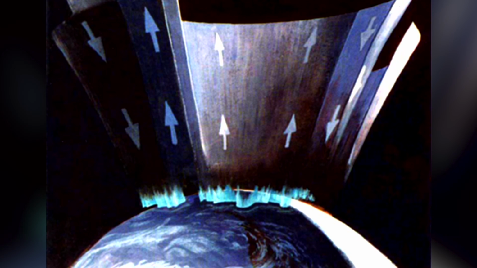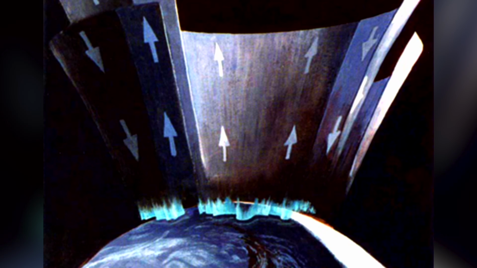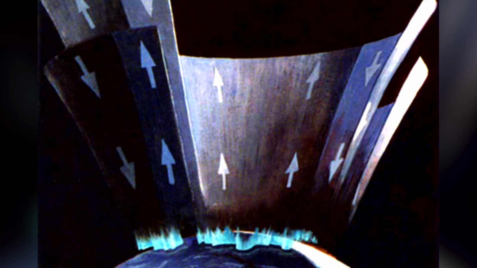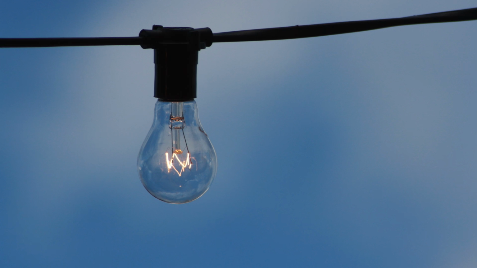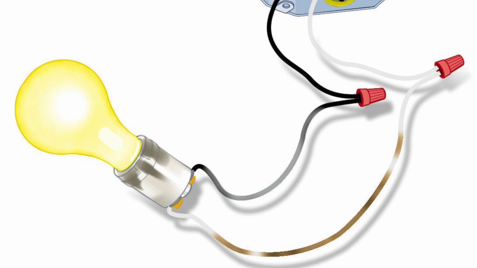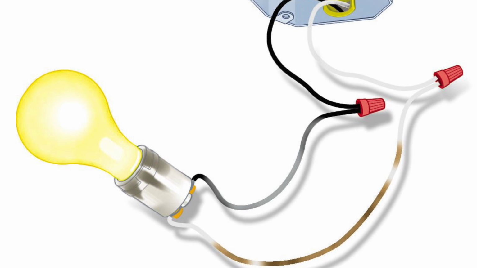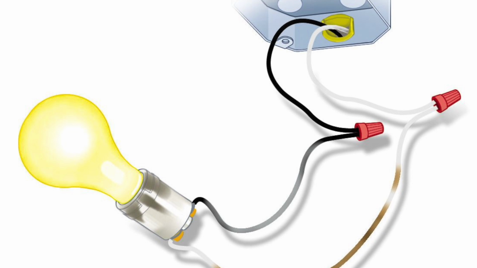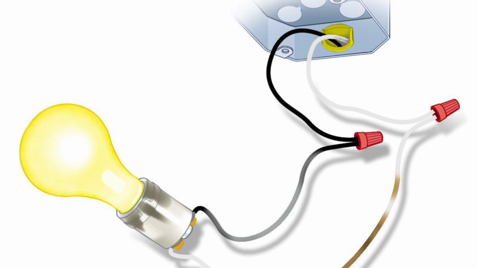Birkeland currents can carry electrical charges in both directions, much like a coaxial cable carries normal electrical currents here on Earth. When we power up a light bulb, it takes 2 wires, one to carry charge from the voltage source to the light, and another wire to carry those charges back to the ground terminal of the source, to complete the circuit, as it's called.